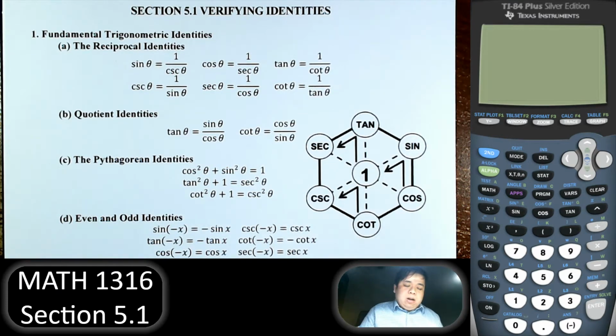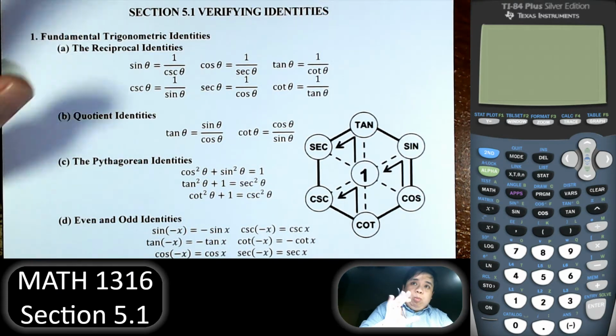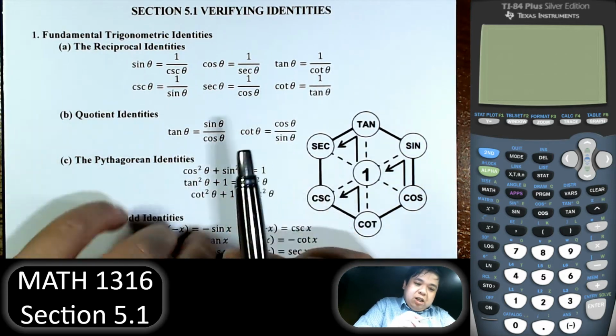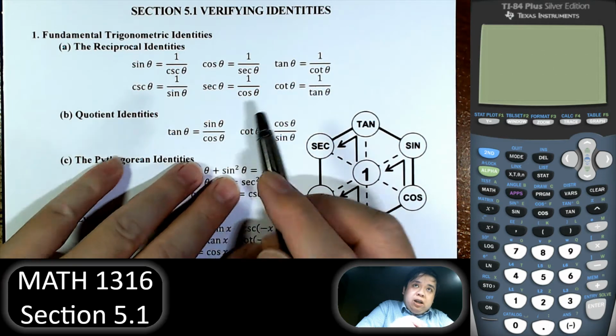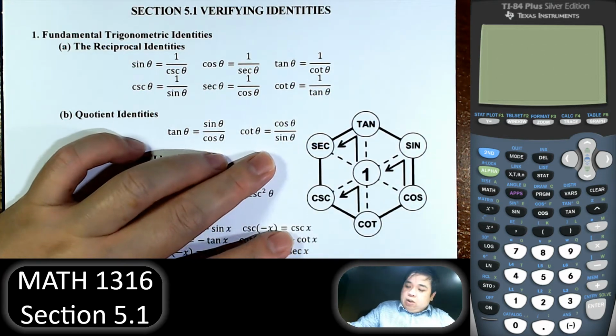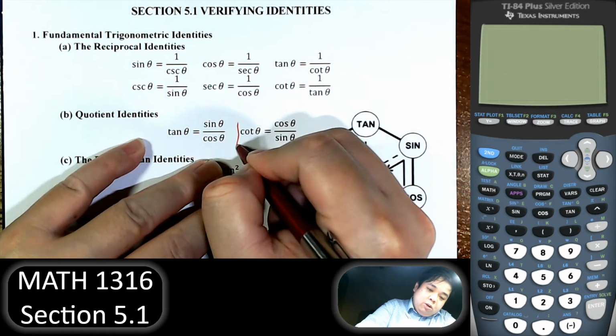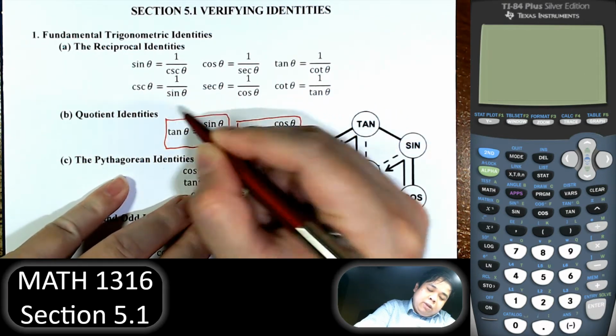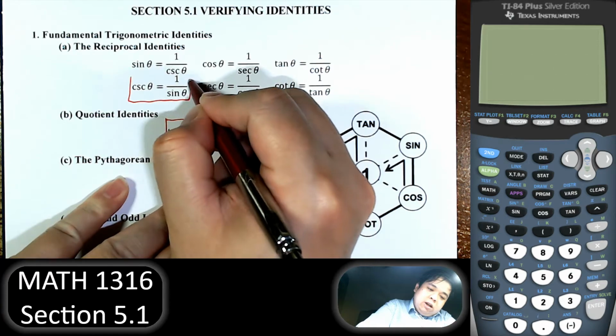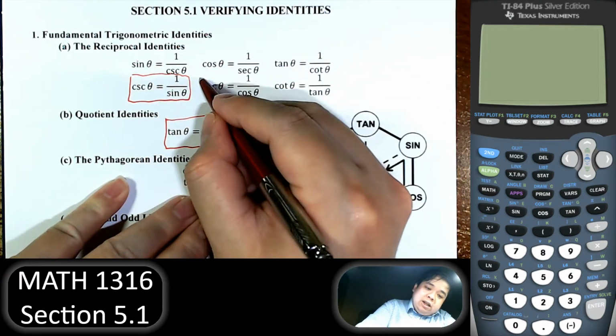Right. But in this section, we just need to emphasize that tangent is sine over cosine and cotangent is cosine over sine. So I will circle the important functions. Cosecant is 1 over sine, and secant is 1 over cosine.